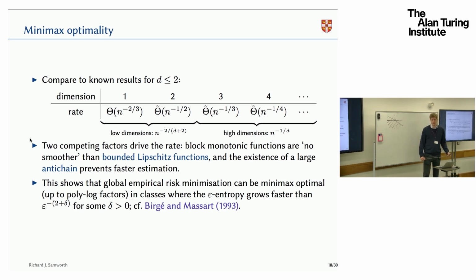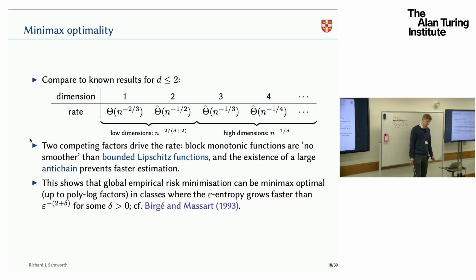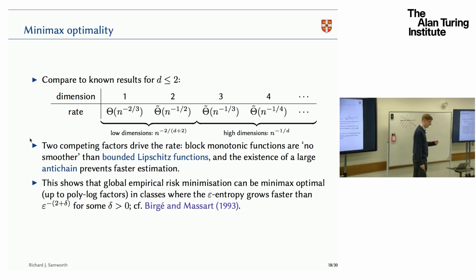There are some negative results in a very well-known paper due to Birgé and Massart from over 20 years ago now, where they show that if you're just looking over Hölder classes, a global empirical risk minimizer cannot attain the minimax optimal rate once the entropy of your class grows like this, which means that when you try to integrate the square root of that, it diverges.